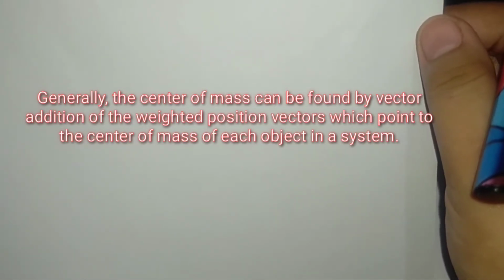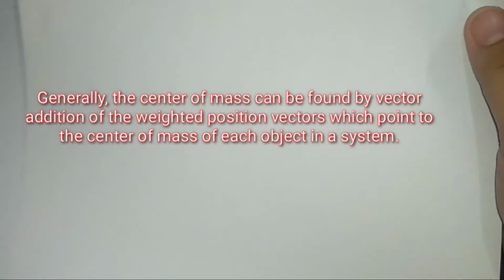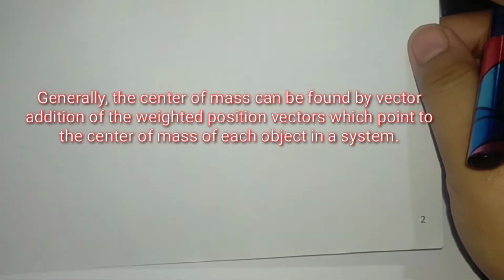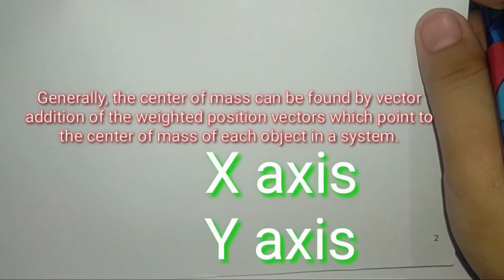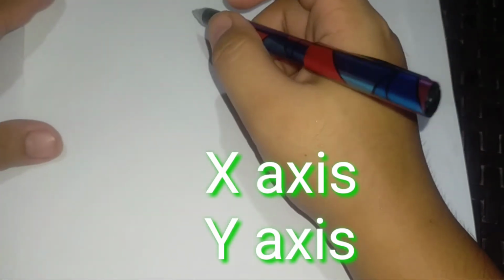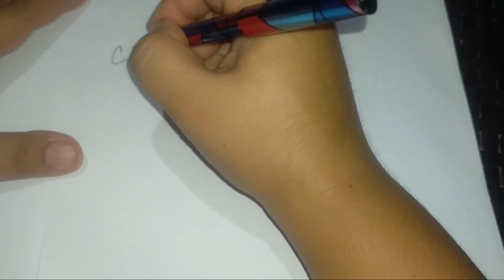One quick technique is finding the center of mass separately for components along each axis. We have here two axes, the X and Y axis.